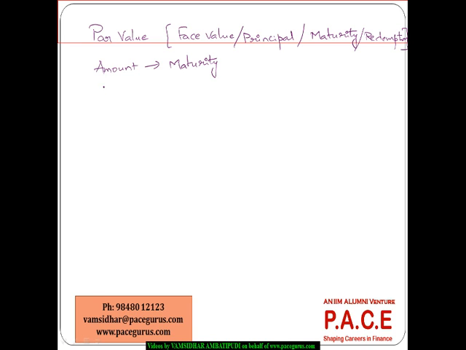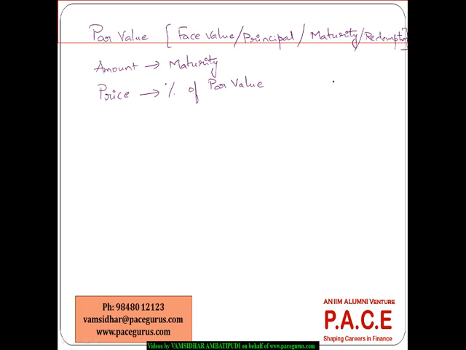What is very important regarding the par value is that any price at which I want to purchase or sell the bond today is always expressed as a percentage of the par value.